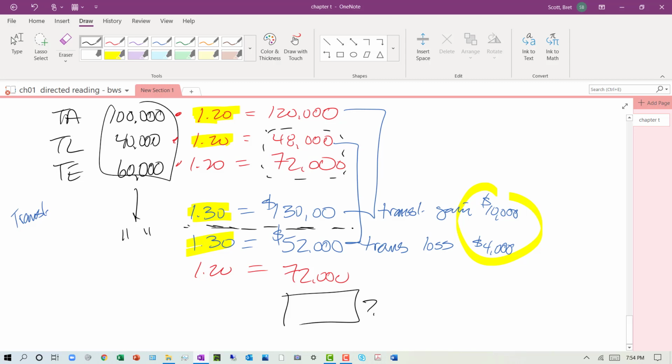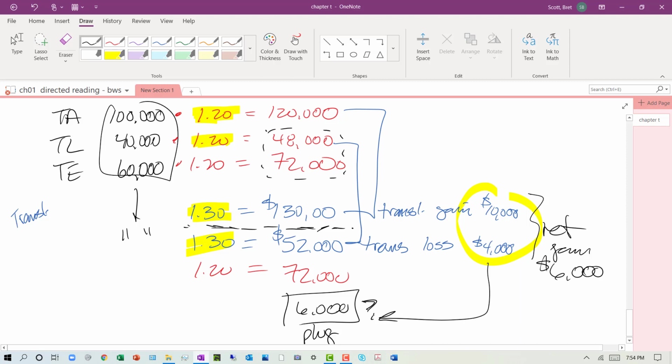Need another 6. 6 plus 72 plus 52 is 130. What is that 6? That's what we need to make things balance. Well, that's the net of these. We had a net change in these due to the current rate changing. So this plug figure down below is sort of like the net. We have a net gain of 6.